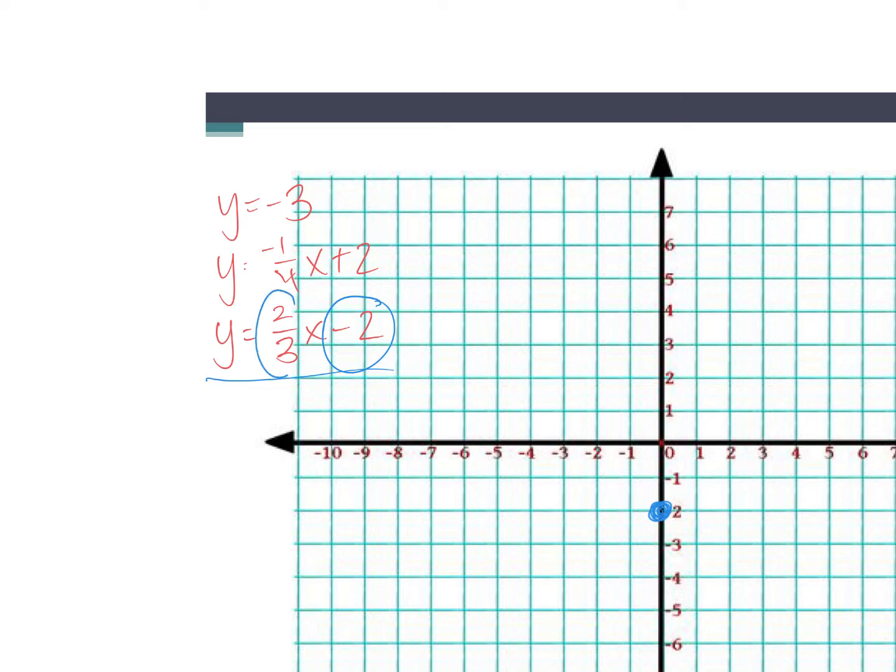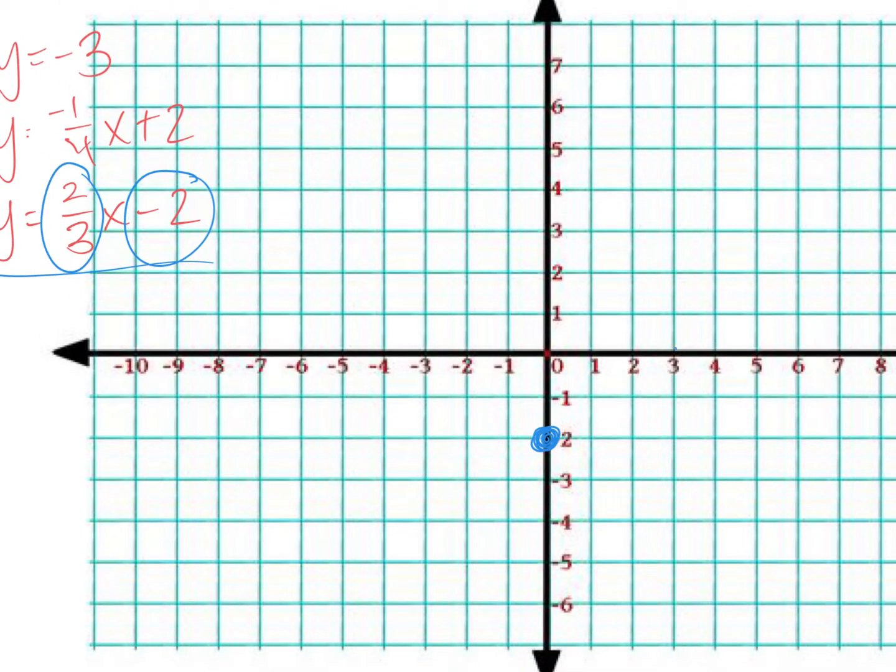So if we're going to use 2/3, that means my rise is 2 and my run is 3. They're both positive. That means up and right, correct? So go up 2 and then to the right 3, put a dot. And do it one more time. Up 2, to the right 3, put a dot.